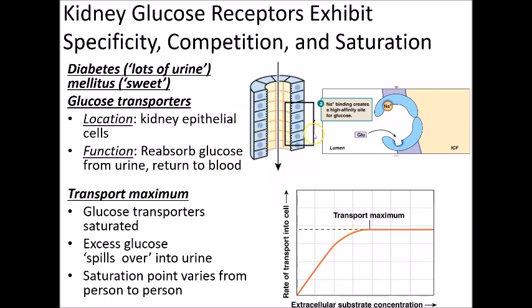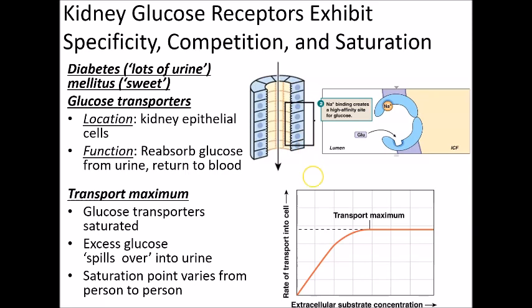Specificity means that the glucose binds to receptors in the renal tubules, in this case the proximal convoluted tubule of the kidney. Competition refers to the fact that the glucose would compete for binding sites. The affinity and the actual concentration of glucose would determine how well it competed.